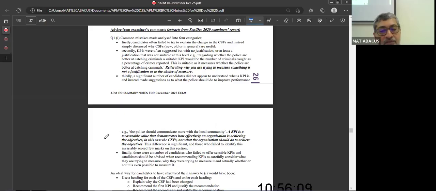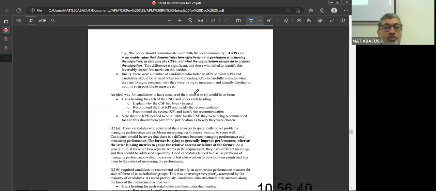In this case, the critical success factors, not what the organization should do to achieve the objective. That one you answer in SBL. This is APM. Here, our focus is if you give us a KPI, the objective of why you're measuring this particular one and whether you can measure it is what we are looking for. If you tell us we need to communicate, there's nothing wrong, but there's no marks for it on this paper.